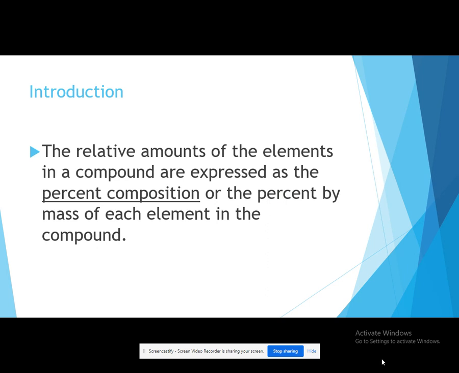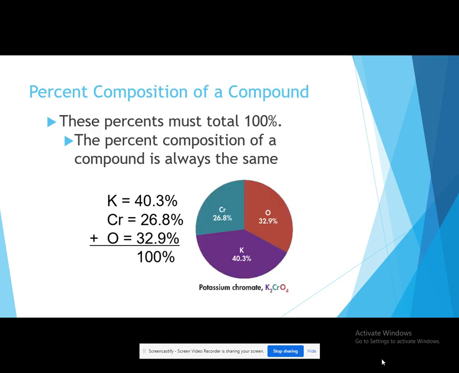The relative amounts of the elements in a compound are expressed as the percent composition, or you can also hear it said as the percent by mass of each element. A good example is right here in this picture. You have the compound K2CrO4, which is potassium chromate. And here it's going to break down in a pie chart.